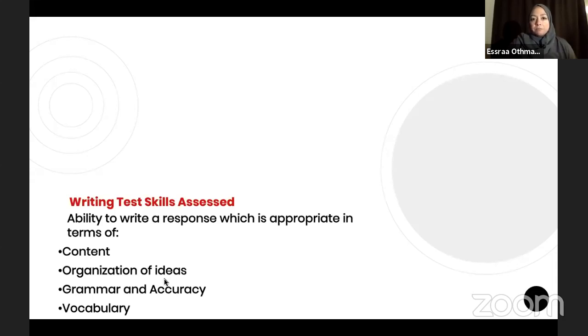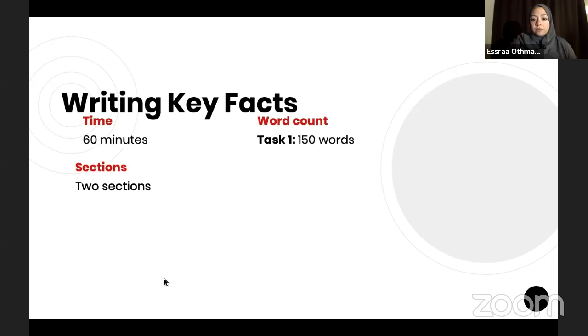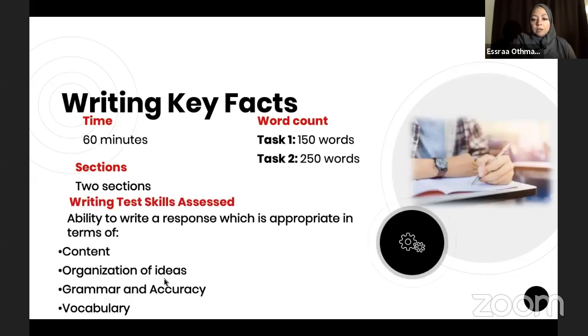Those are the main skills that are assessed in writing. Now, if we go through them one more time, you can see that the time is 60 minutes. You have 2 tasks, task 1 is 150 words, task 2 is 250. You have 2 sections, and those are the skills assessed. And these key facts are the same for both academic and general training.